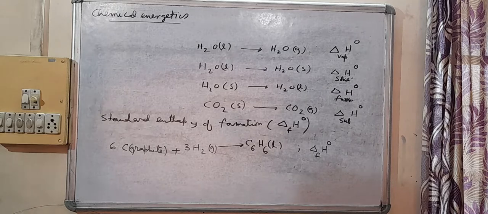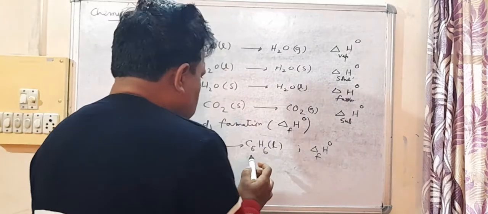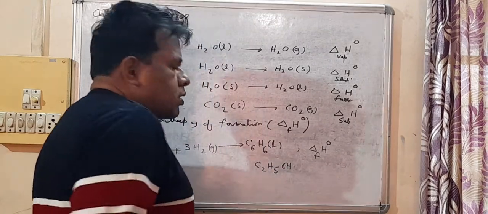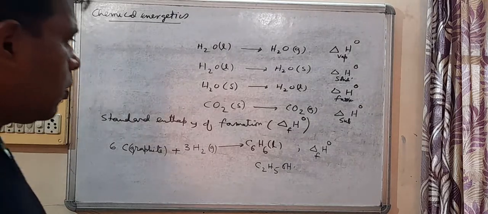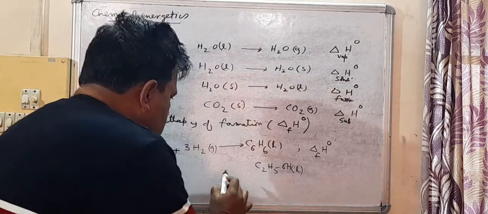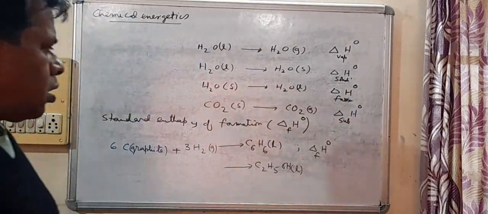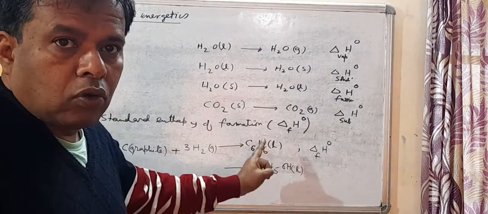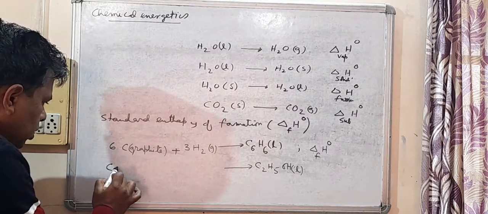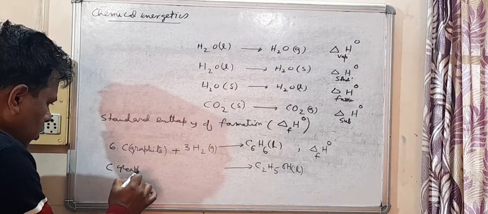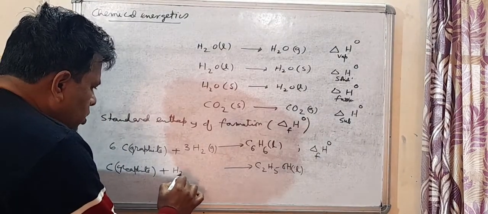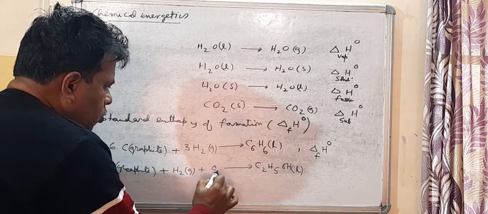Let us consider another process, say ethyl alcohol. Let us consider the standard enthalpy of formation of ethyl alcohol. Ethyl alcohol is liquid again in normal condition, so we have to consider its formation. Very important, 1 mole has to be formed from its constituent elements. So here again C graphite plus hydrogen gaseous plus O2 gaseous.